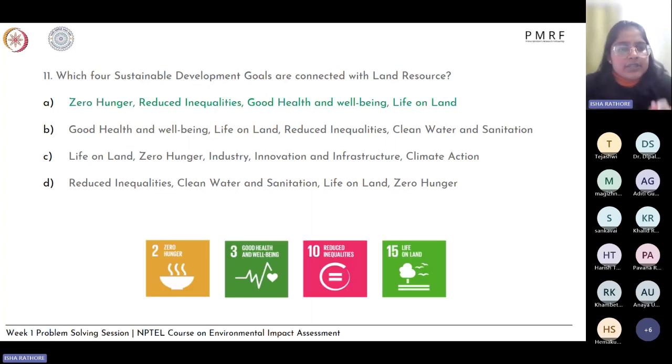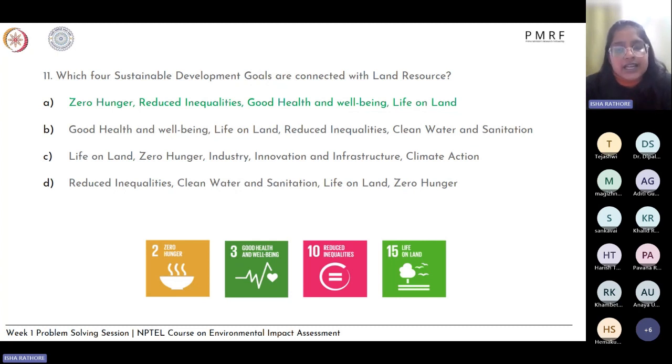So Sustainable Development Goal 2 deals with zero hunger, which deals with land production of food on land. Then we have Sustainable Development Goal 3, which deals with good health and well-being, which is again associated with how we use land resources. Then we have Sustainable Development Goal 10, which talks about reduced inequalities, which is again associated with land resources.